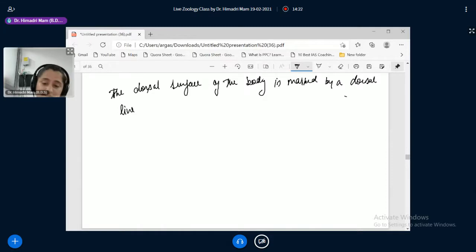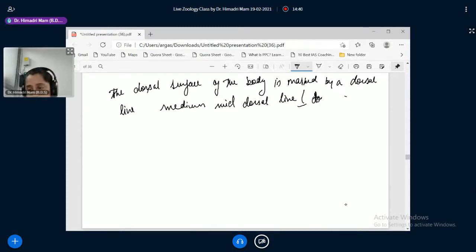What's that line called? That is the mid dorsal line. That is supplied by the dorsal blood vessel. Clear? Yeah.